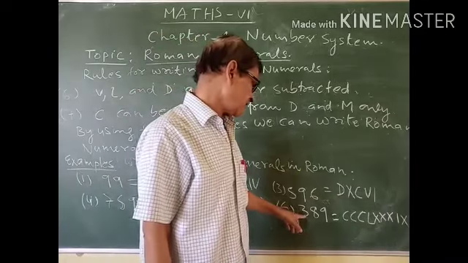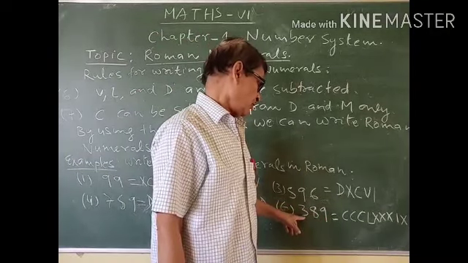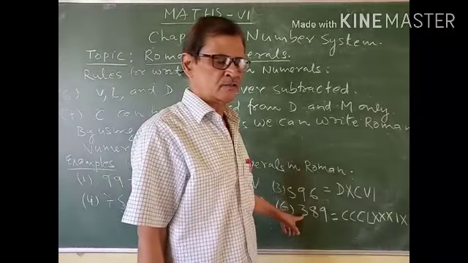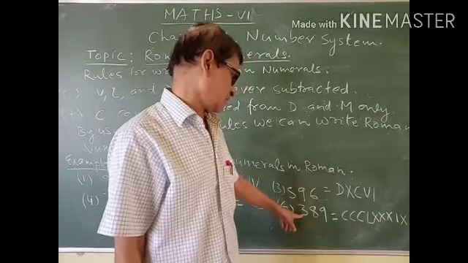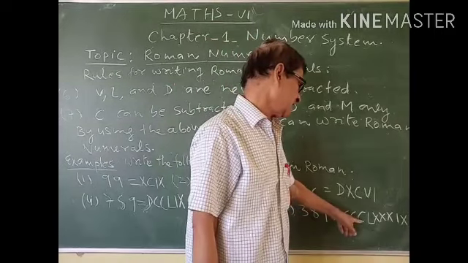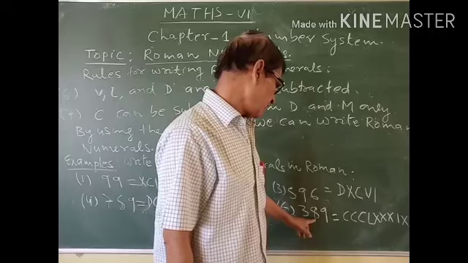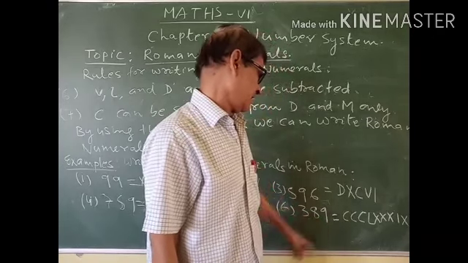Last example is 389. We can repeat any Roman numeral 3 times. So write CCC. This becomes 300. Now we want to write 89.